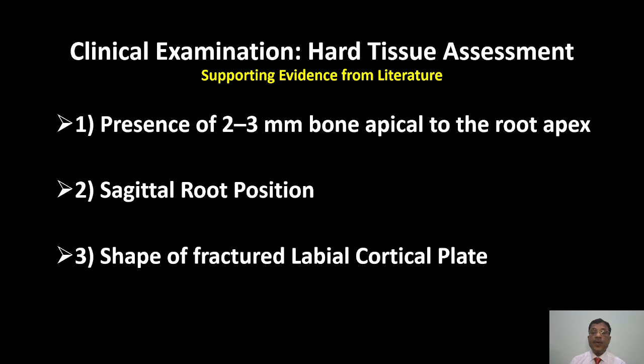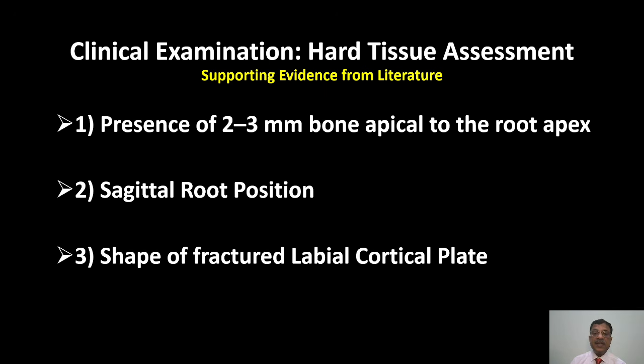Now, hard tissue assessment. When we place an immediate implant in the anterior region, there are certain hard tissue assessments which are very important. Number one, there should be at least 2 to 3 millimeters of sound bone apical to the root apex of the tooth where the implant is to be placed, to get primary stability.